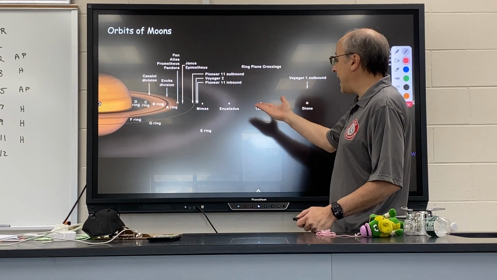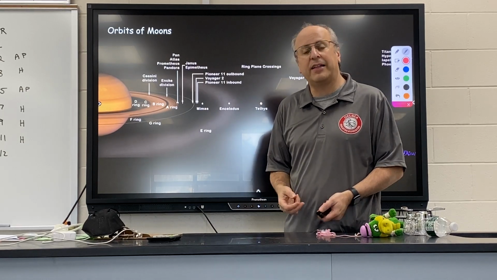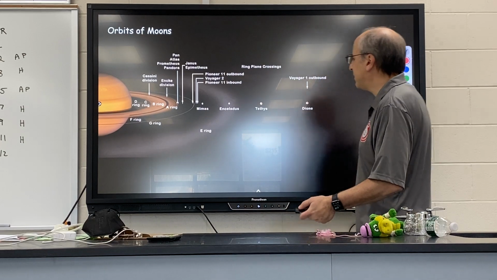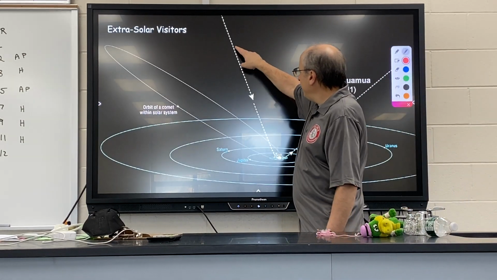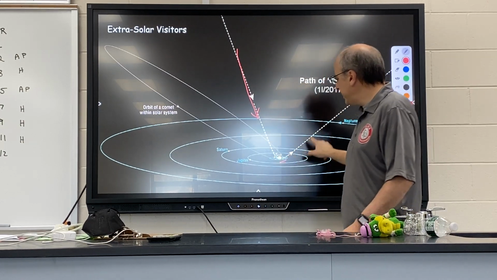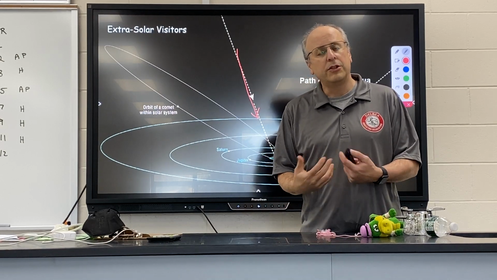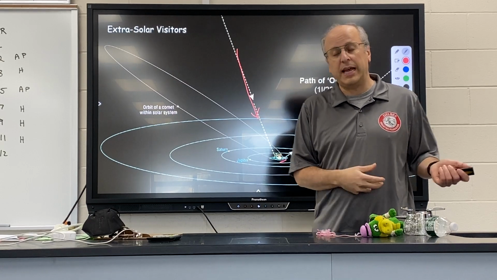If we look at Saturn, we've got rings, we've got moons, we've got all kinds of things going around it. These formulas will let us track the motion of these different objects. If we have an object from another solar system temporarily get deflected by the sun, we can use these same formulas to try to figure out where these extrasolar visitors came from.